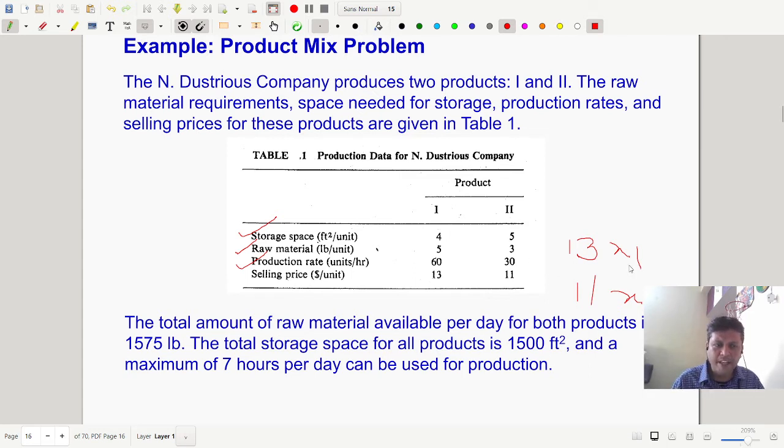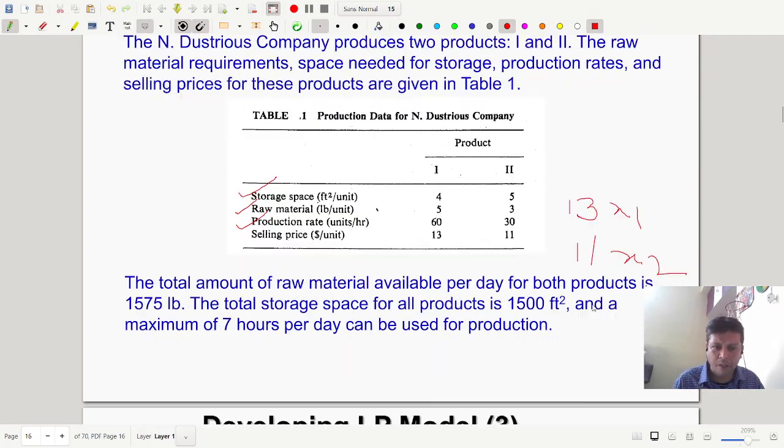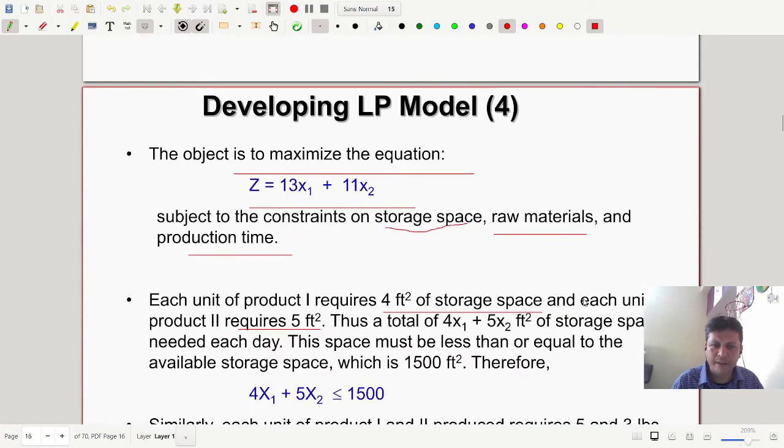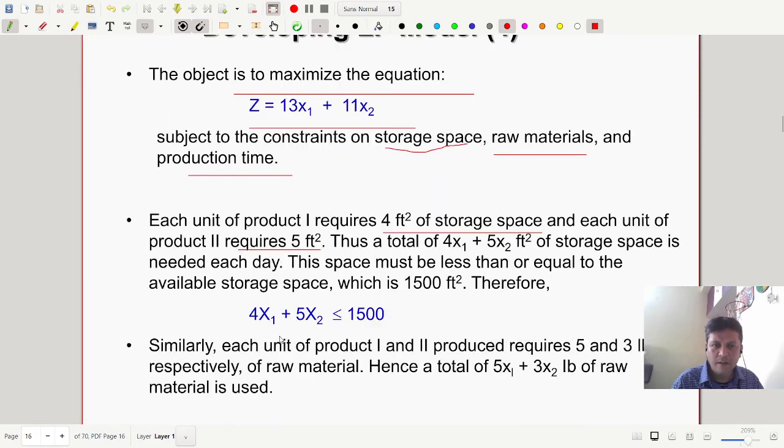So for x1 units, we require 4x1 square feet of area, and for x2 units, we require 5x2 square feet of area.